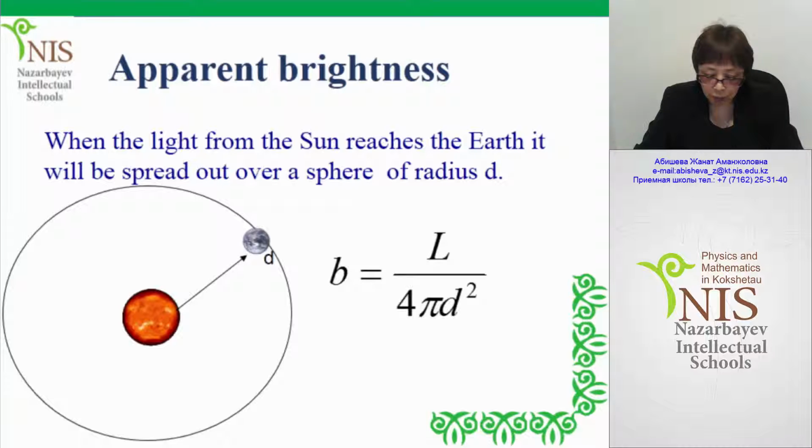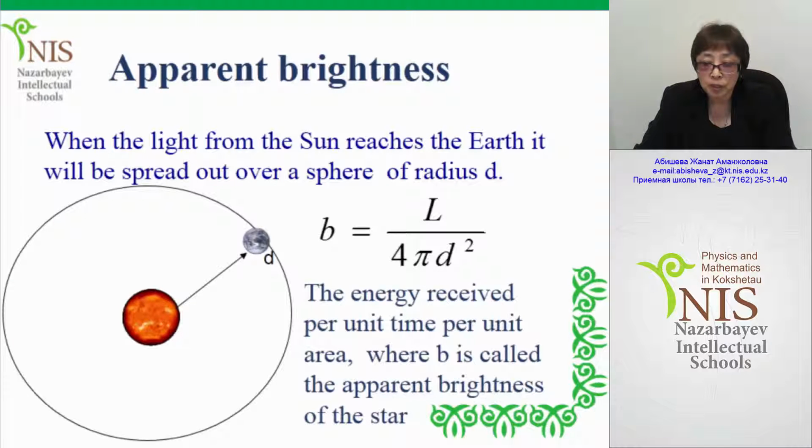The apparent brightness is related to the luminosity by the equation B equals L over 4 pi d squared. The energy received per unit time per unit area, where B is called the apparent brightness of the star.